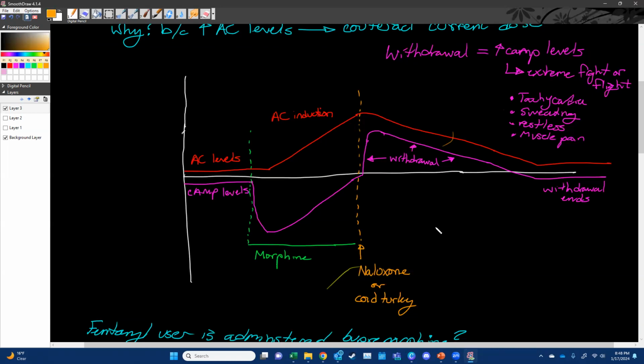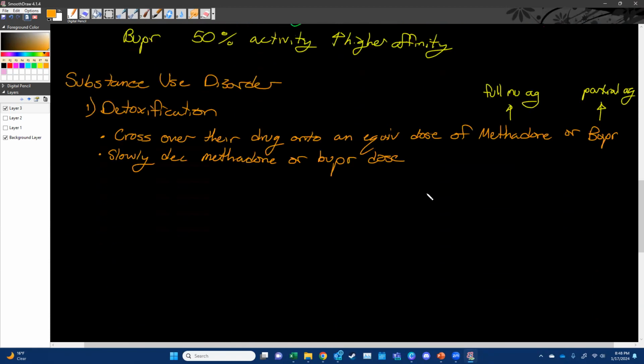And by slowly bringing them down, we're avoiding triggering withdrawal. The important thing here is that calculating the correct dose is imperative.